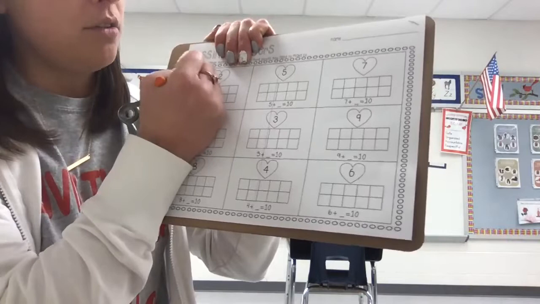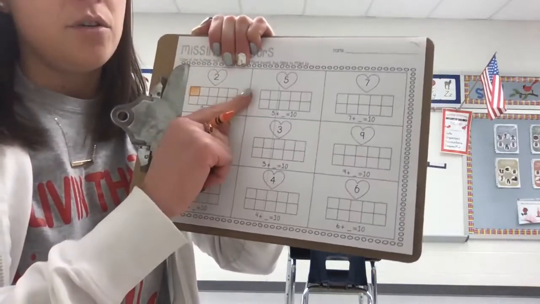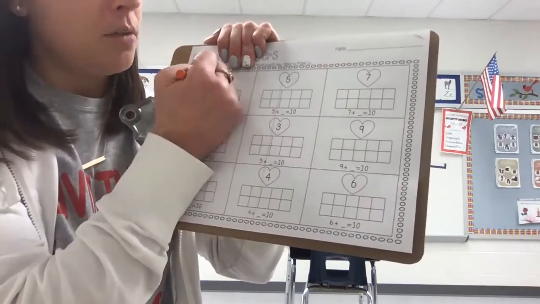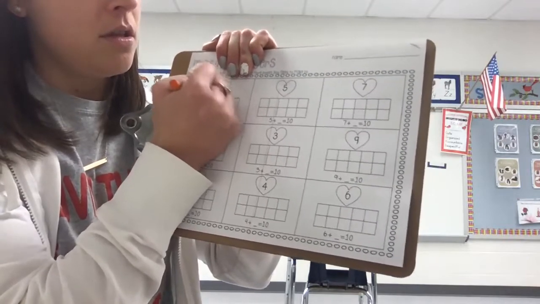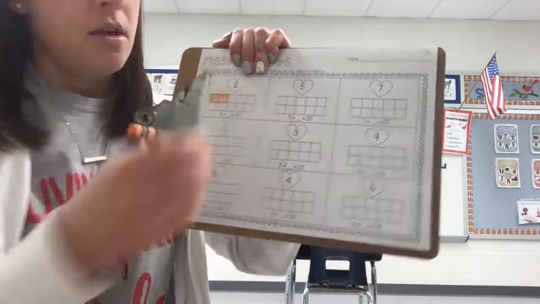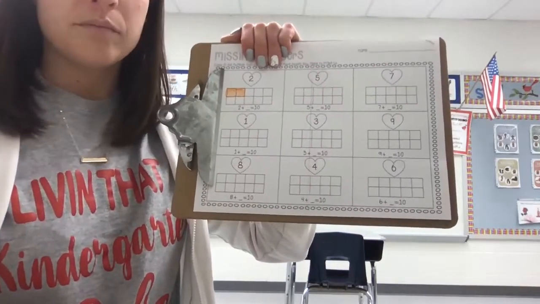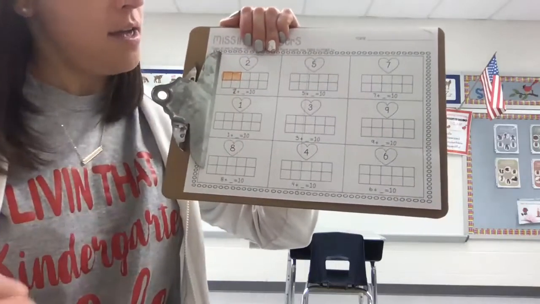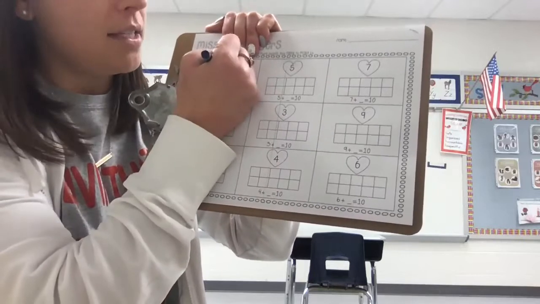Remember, when we use our 10 frames, we always use them from left to right, like windshield wiper, and top to bottom. So I'm going to color my first 2. Okay. And then let's trace our 2 with that orange. Okay. And now let's color and count the rest as we do.